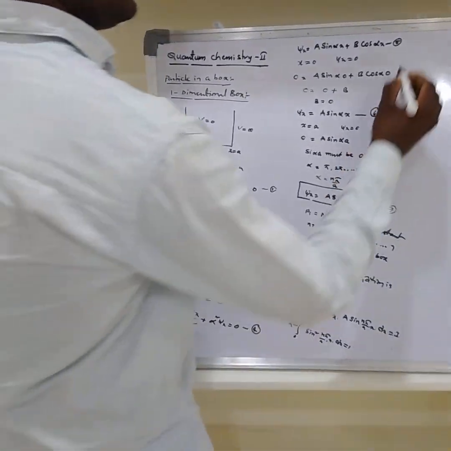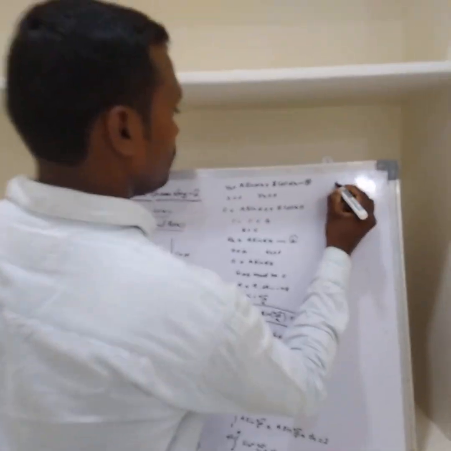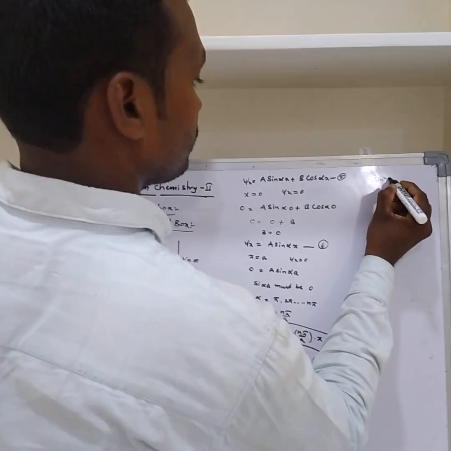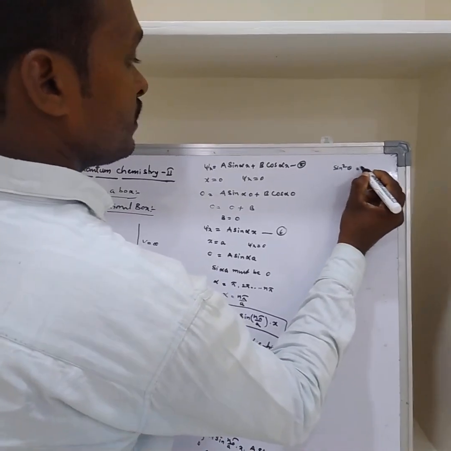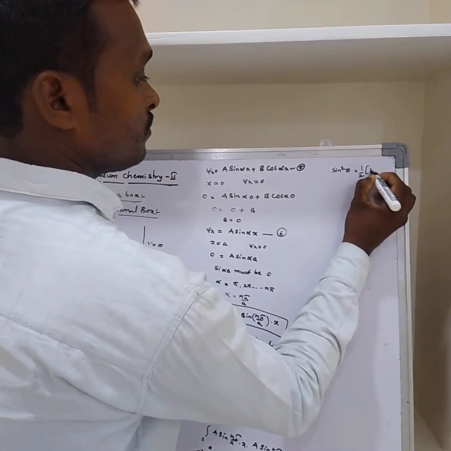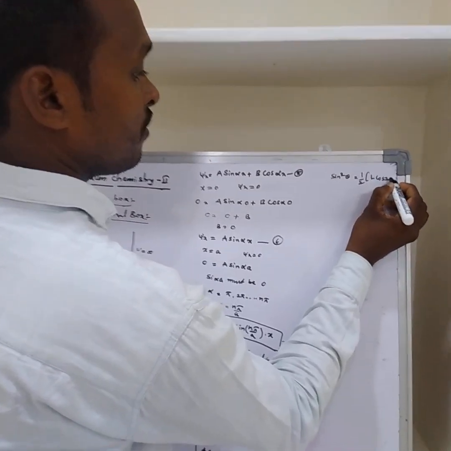Here this equation is similar to sin squared theta. The sin squared theta equation is 1/2 into (1 minus cos 2 theta).